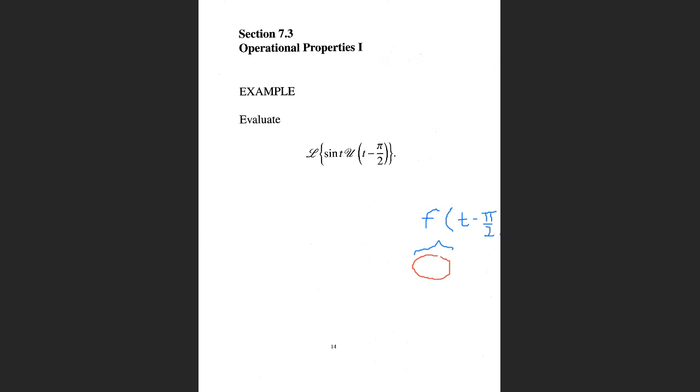If you think about your trigonometry days, is the sine of t equal to some function evaluated at t minus pi over 2? That's right. Good, Matthew. The sine of t is equal to the cosine of t minus pi over 2.